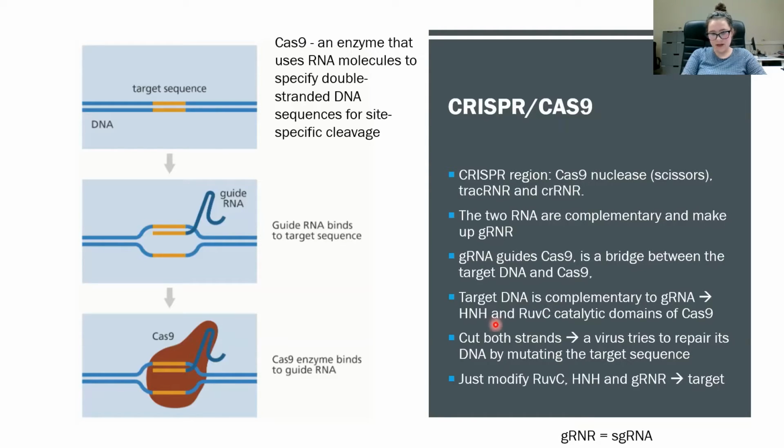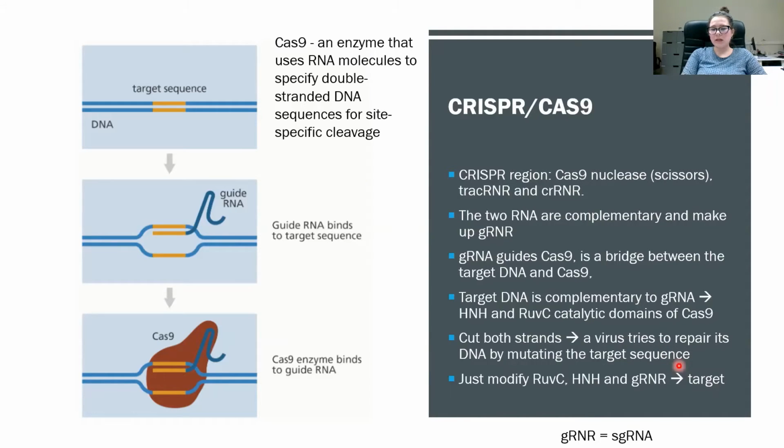Cas9 is also called a nuclease because it cuts nucleic acids, and that enzyme has two catalytic domains, which are called HNH and RuvC. The enzyme cuts both strands of the DNA, and then repair of the DNA follows.